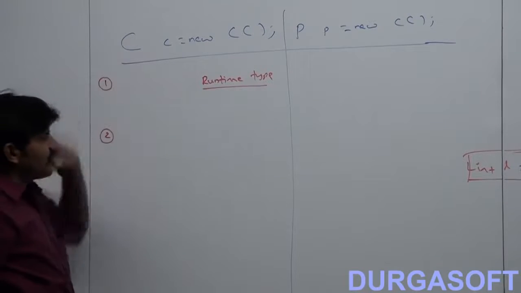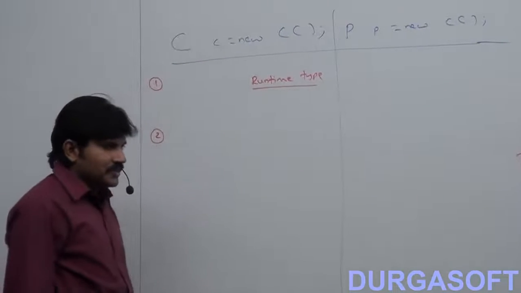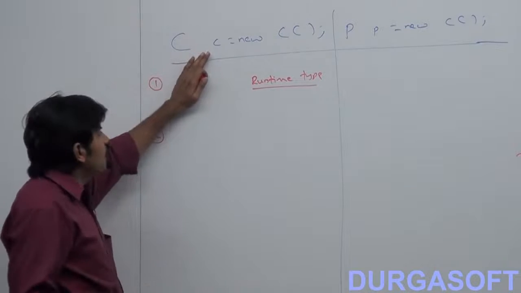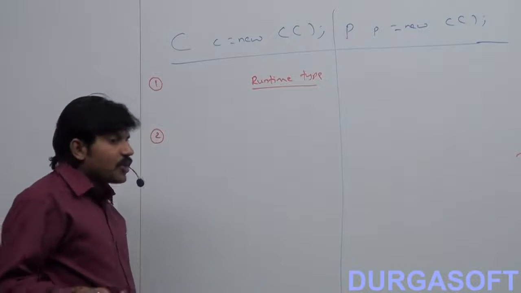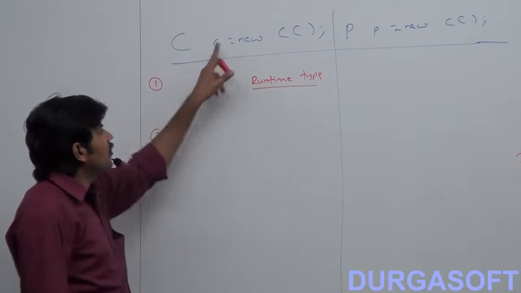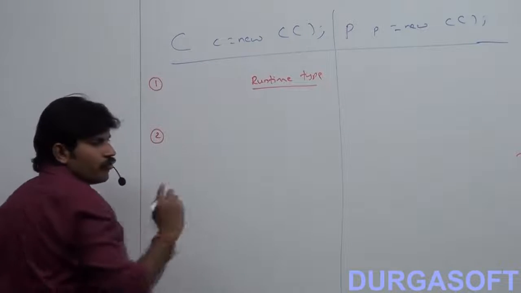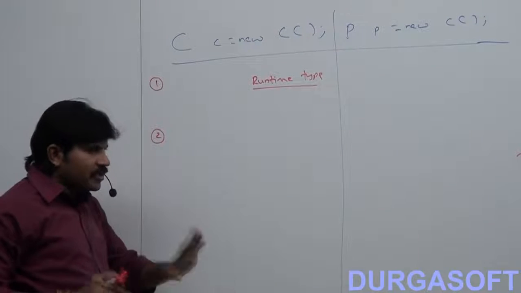Now see this one. If I use a child reference, there is one advantage. What is the advantage? All methods present in the child class and present in the parent class, we are able to call on this child reference. So on the child reference, we can call both the parent and child class methods.